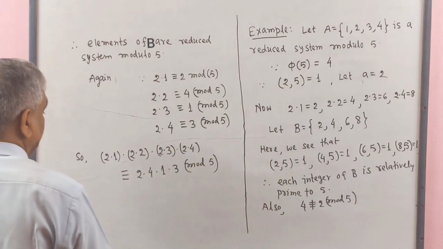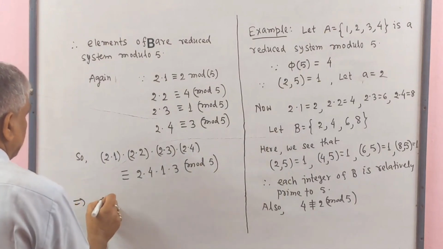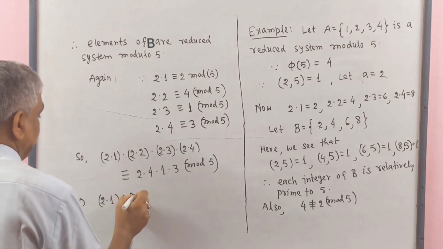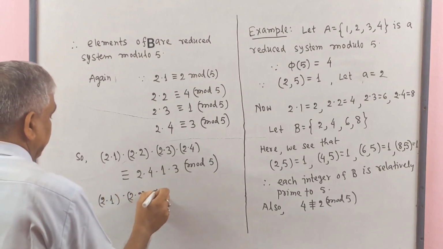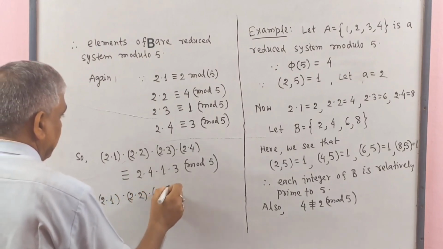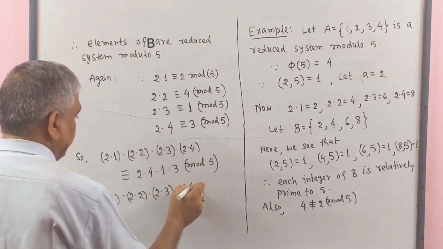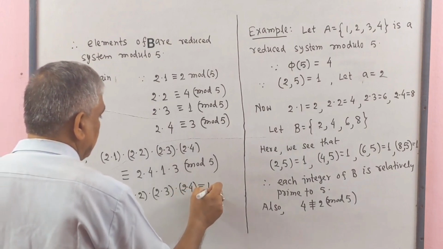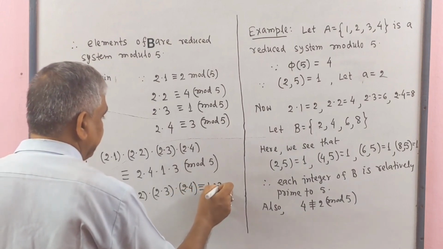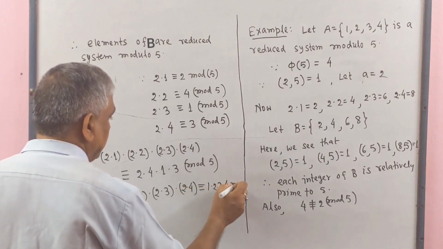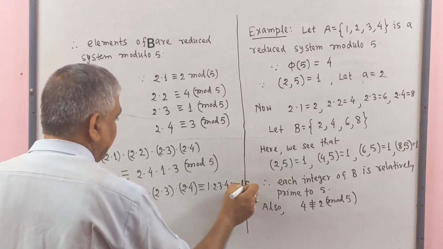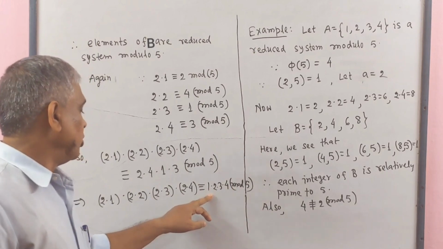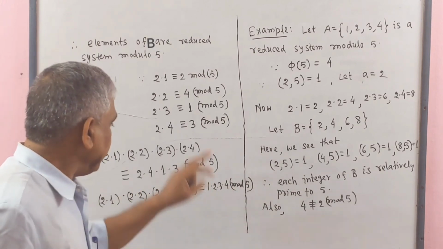So we may write 2 multiply 1 multiply 2 multiply 2 multiply 2 multiply 3 multiply 2 multiply 4 congruent to 1 multiply 2 multiply 3 multiply 4 modulo 5. In the previous theorem, we get the same type of result.